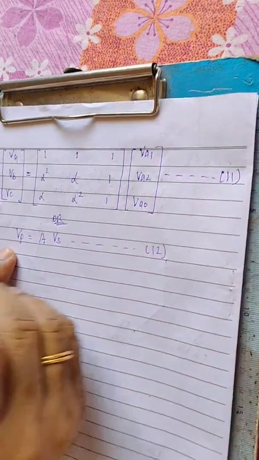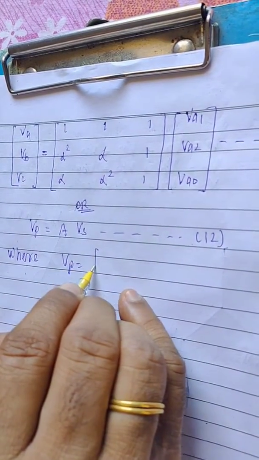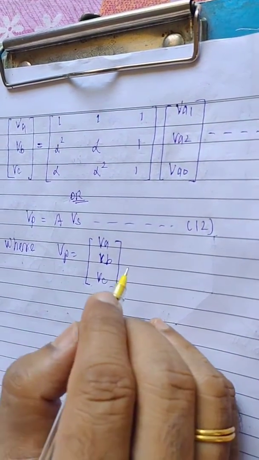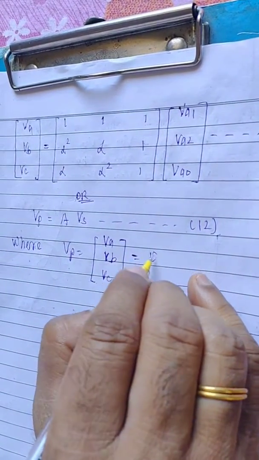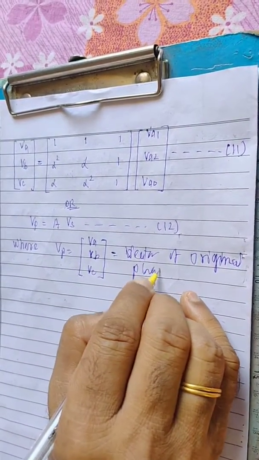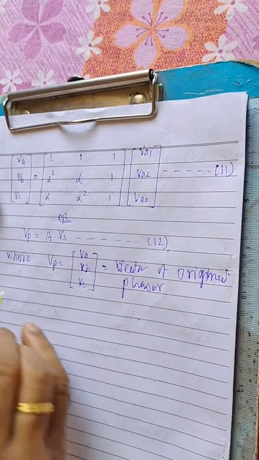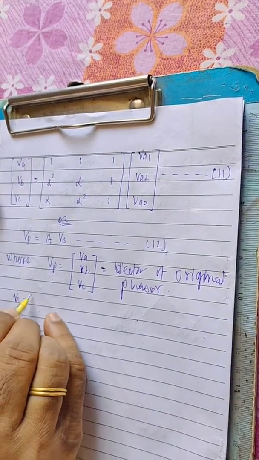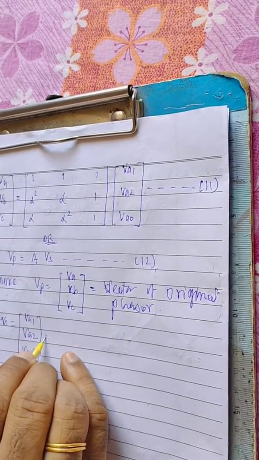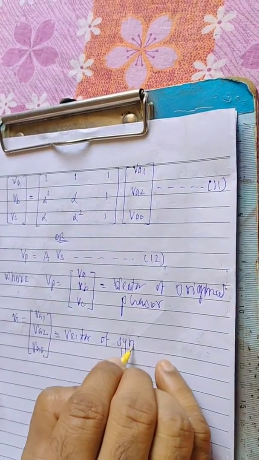VP is the column matrix VA, VB, VC, the vector of original phases, and VS is equal to VA1, VA2, VA0, called the vector of symmetrical components.